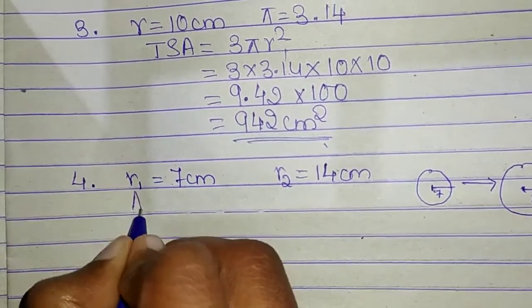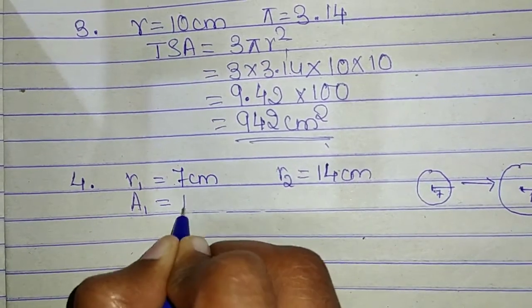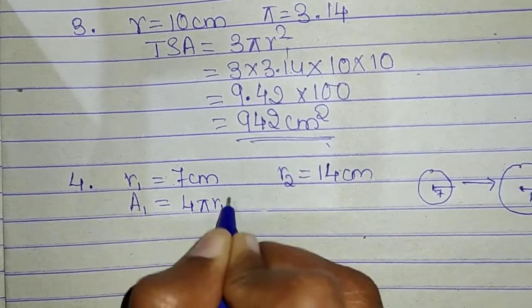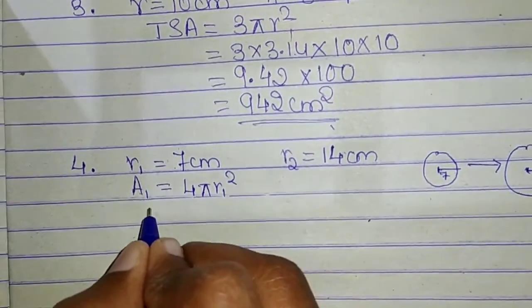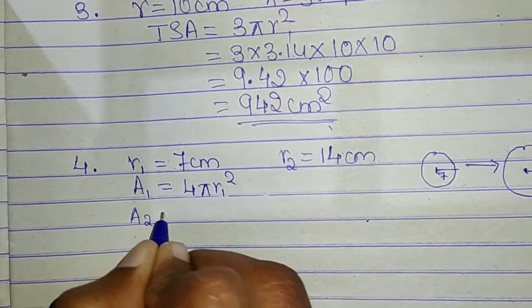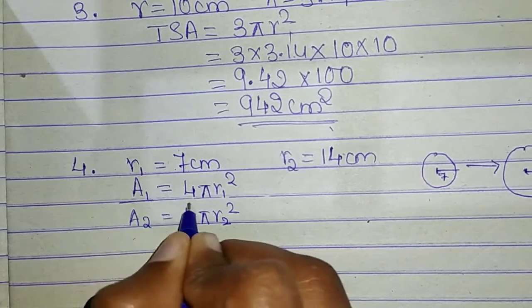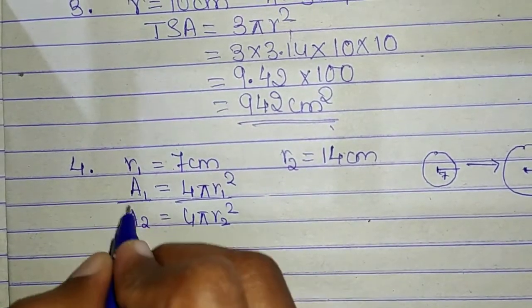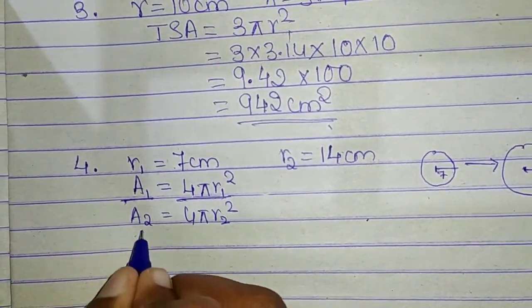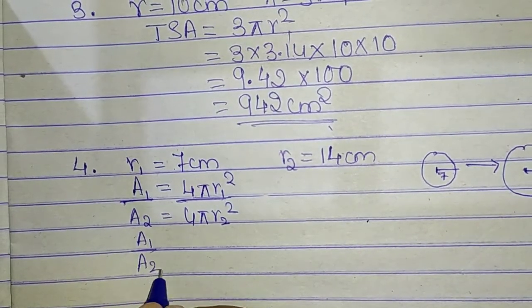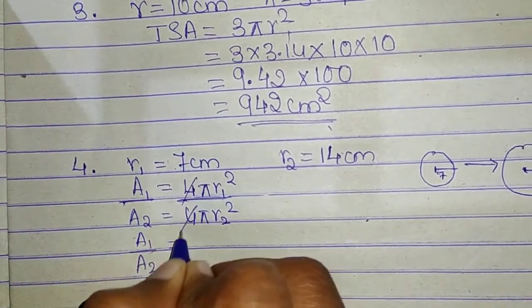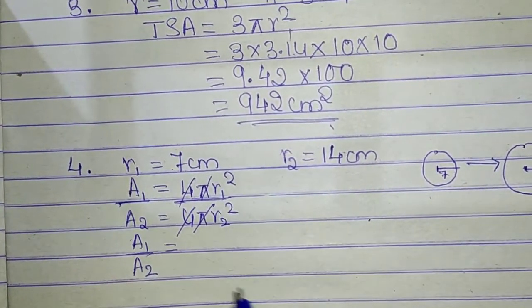First, since they are spheres, area 1 is equal to 4 pi r1 square and area 2 is equal to 4 pi r2 square. Our job is to find the ratio, so divide them. So we get A1 by A2 is equal to 4 and 4 cancel each other, pi and pi cancel each other.